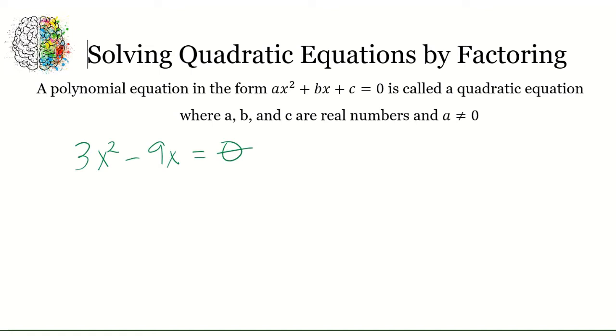We can see that both of these have a 3 and an x. So that means I can pull out a 3x, and that's going to leave me x and a negative 3.